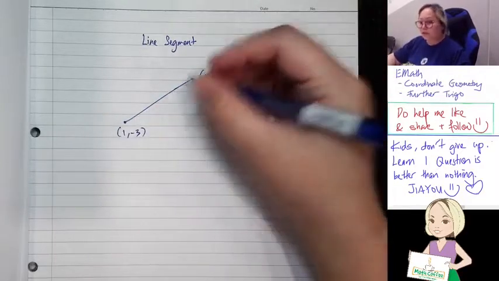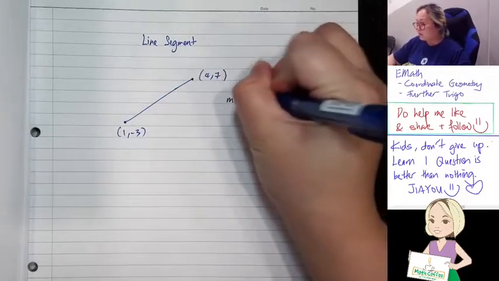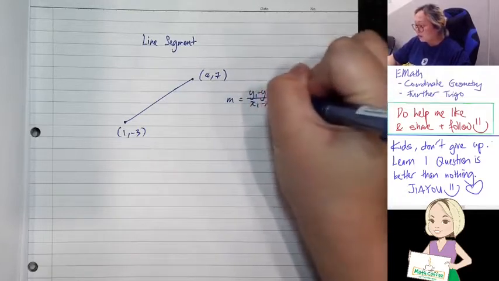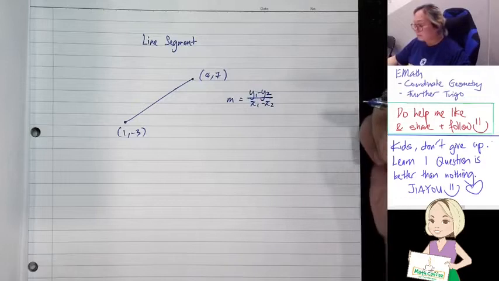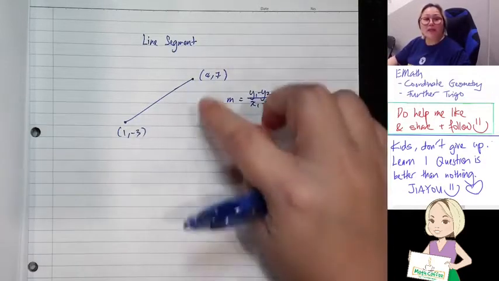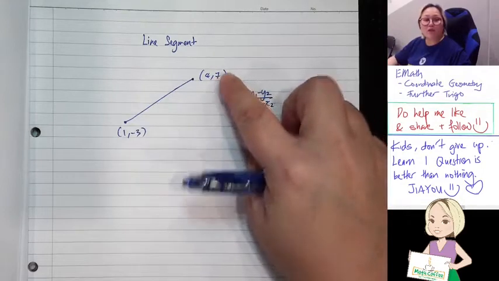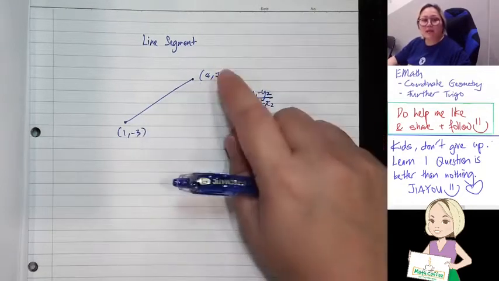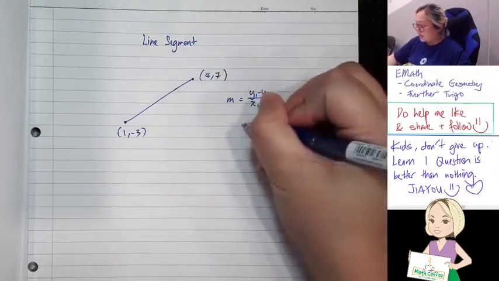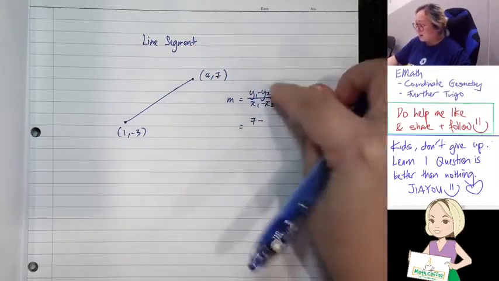If I want to find the gradient of the line, we will use m equals y1 minus y2 over x1 minus x2. You can decide either this one to be your y1 or this one, it doesn't matter. Let's say I start from y1, which is 7, so I say 7 minus y2.